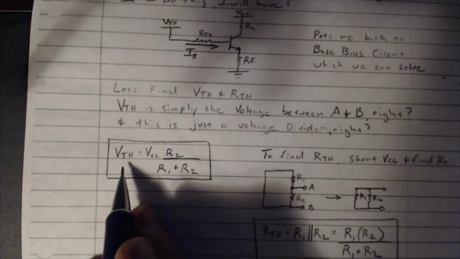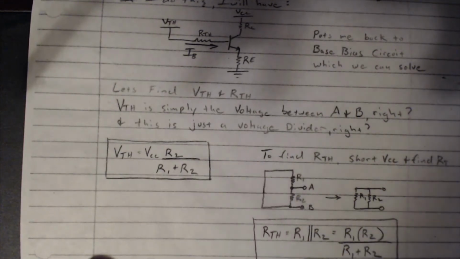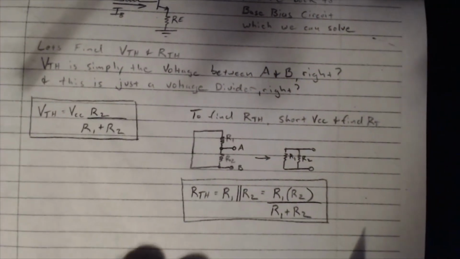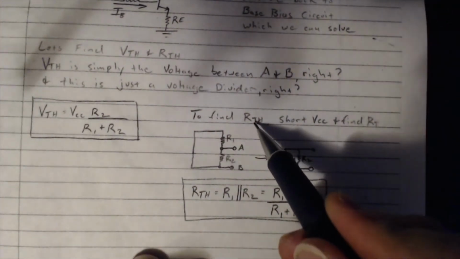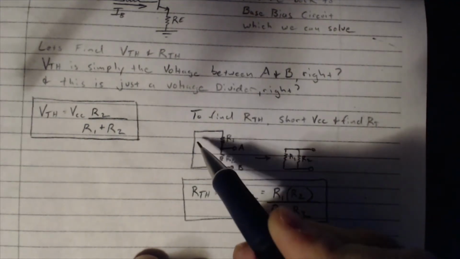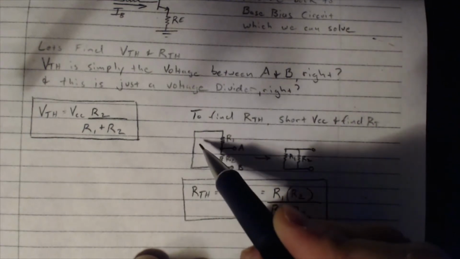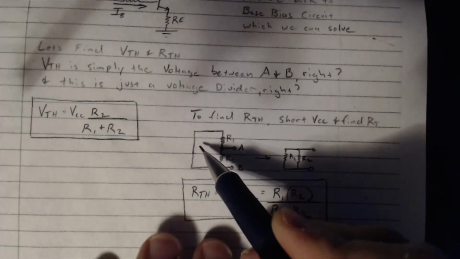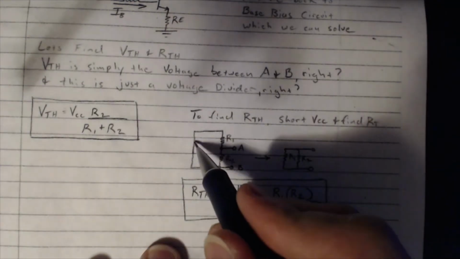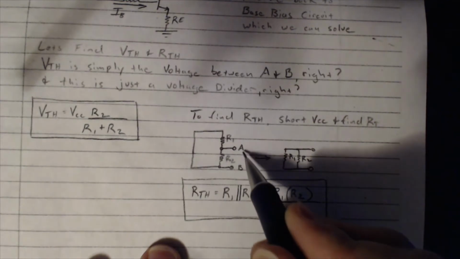The last thing we need to do is figure out the Thevenin resistance. If you remember, to find the Thevenin resistance, all we've got to do is short out VCC, or short out all of our voltage sources, I should say, in general. But in this case, we only have one voltage source. So you short out that voltage source, and you find the resistance between A and B. That's all we have to do to find the Thevenin resistance.